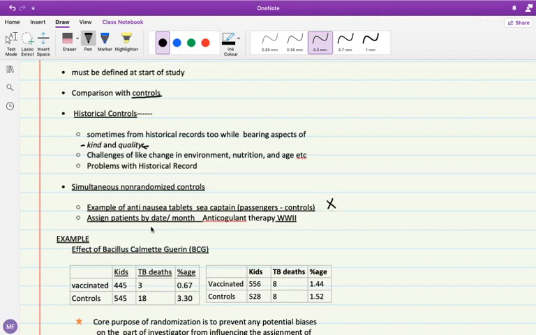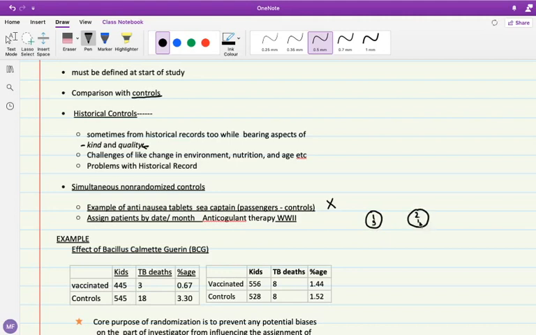And in a second example, if we assign patients in order to avoid that, simultaneous non-randomized controls may pose a problem. In order to address this issue, sometimes we divide our cohort based on even dates and odd dates.